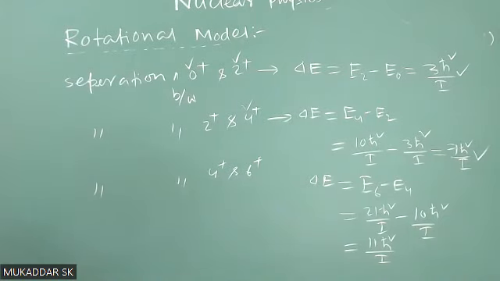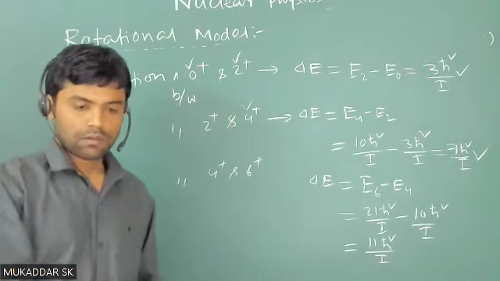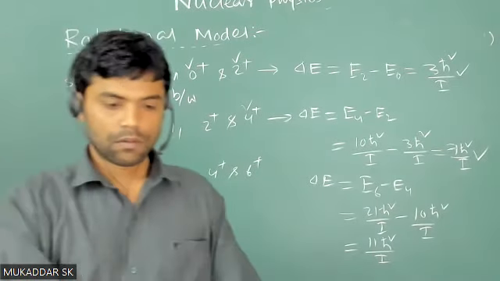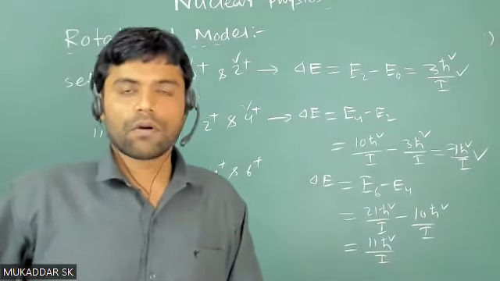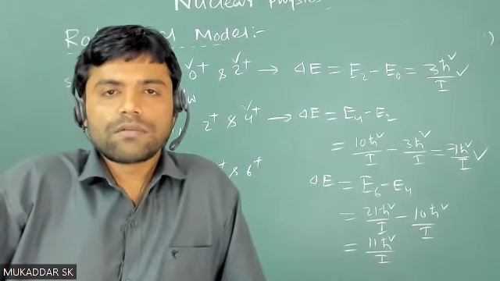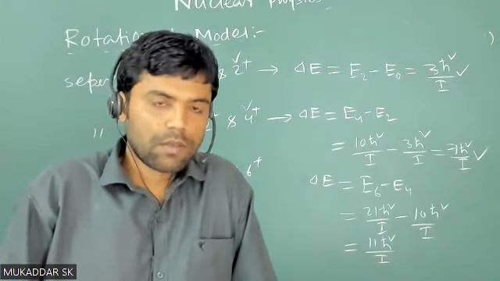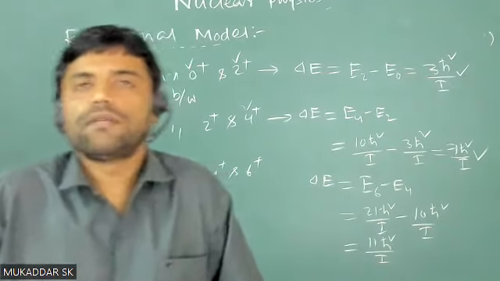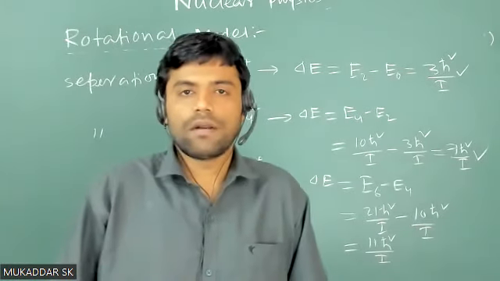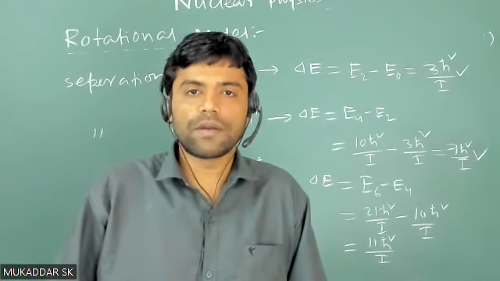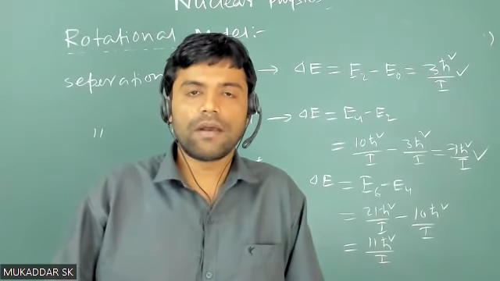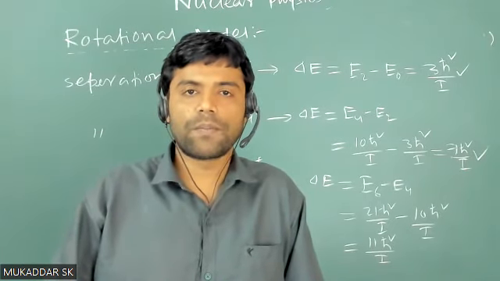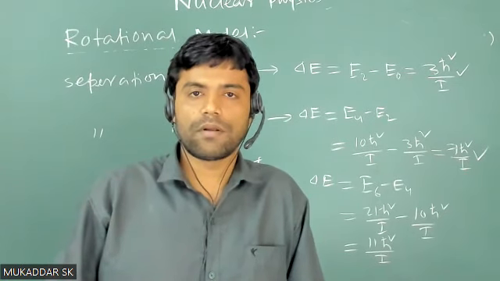Sir, why is this odd parity not possible there? Odd parity is not possible, and this is why. You tell me. Because initially, that is the experimentally observed spectra, and these are the possible levels with spin parity that are experimentally observed.